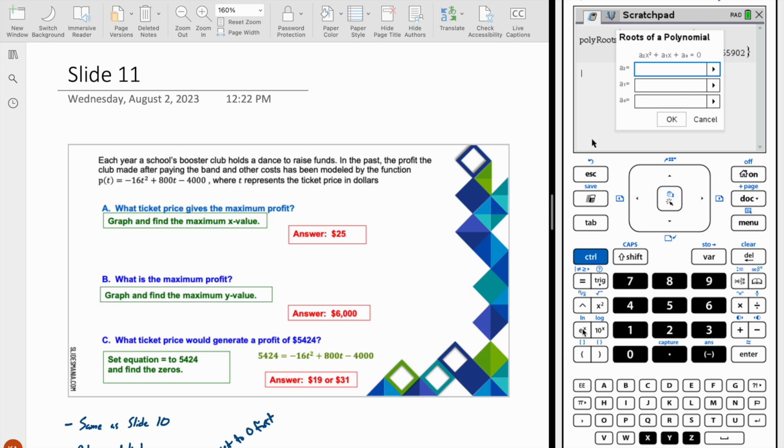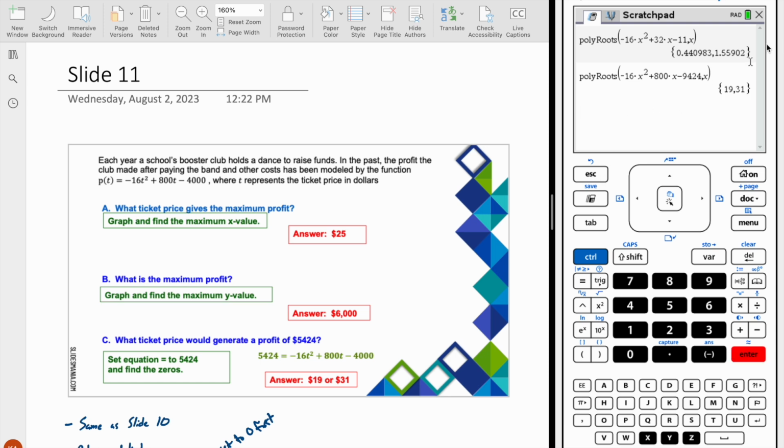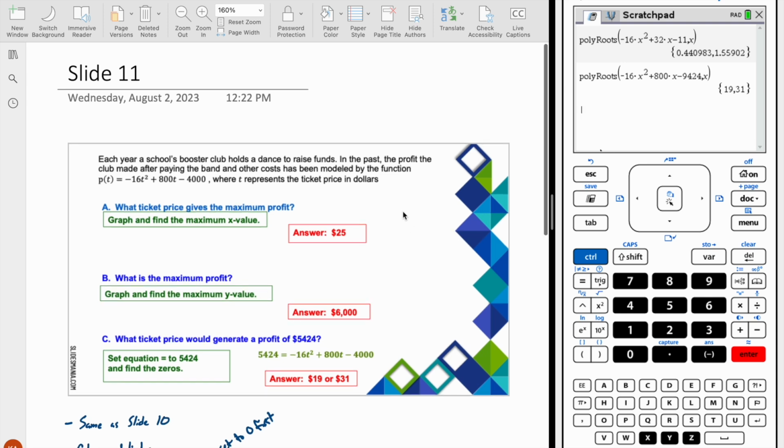You insert your coefficients, negative 16, 800, and negative 9,424. We hit OK. Make sure everything is lined up exactly how our equation looks, and hit enter. In this case, in order for us to generate 5,424, we have 2 ticket prices here, 19 and 31. That right there would be our 2 answers.